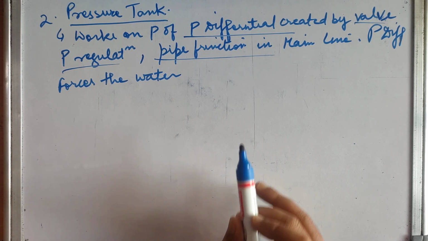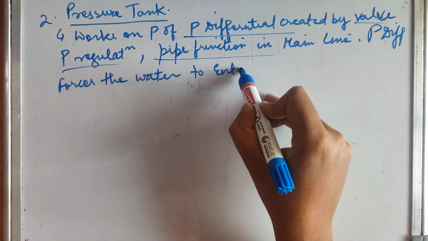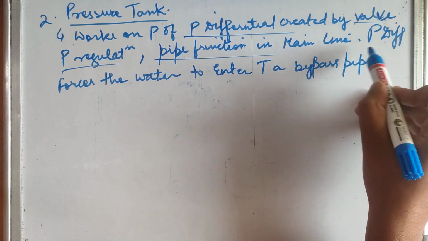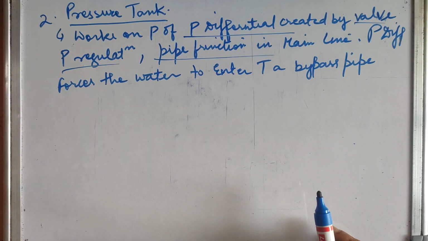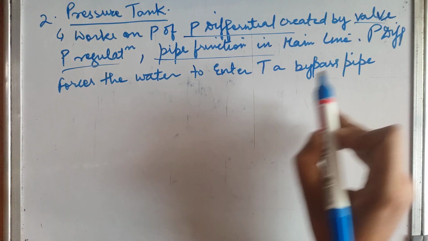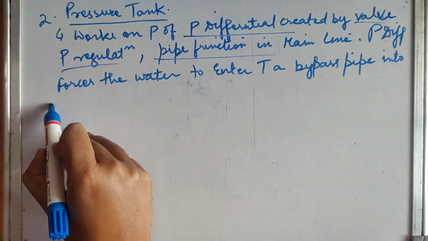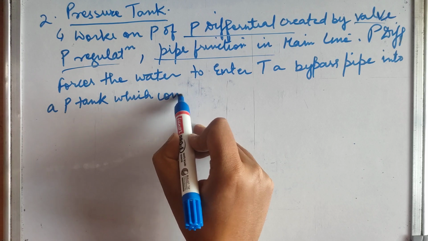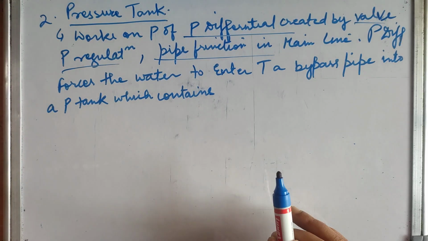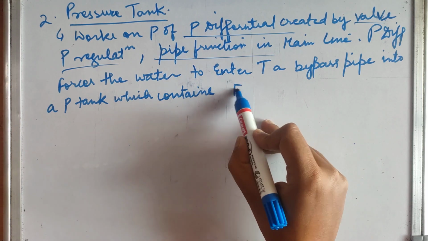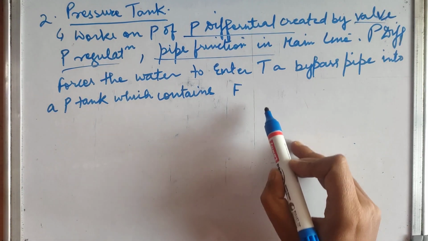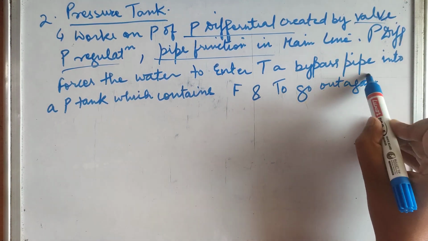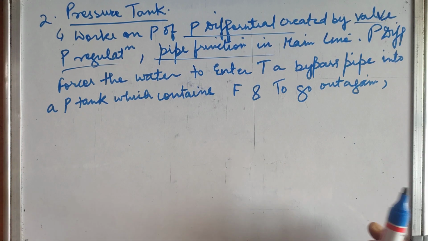to enter through a bypass pipe into a pressure tank which contains fertilizer, and to go out again carrying a varying amount of dissolved fertilizers.